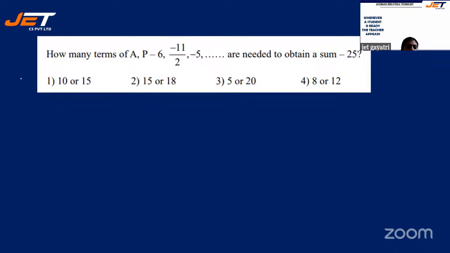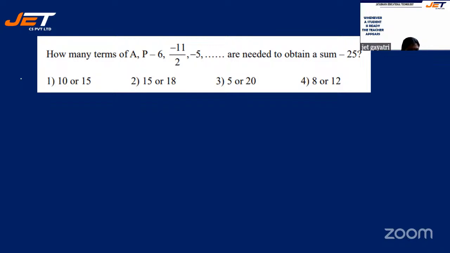How many terms of AP minus 6, minus 11 by 2, minus 5 and so on are needed to obtain a sum of minus 25? Okay, let me repeat the question.